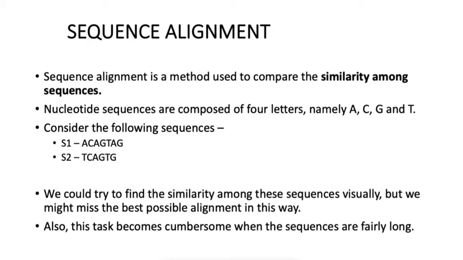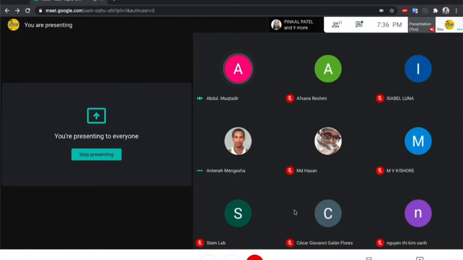For example, let's consider the following sequences. There's this first sequence S1, ACAGTAG, and Sir, again we cannot see the slide. The screen is not showing. Okay, let me see what's happening.